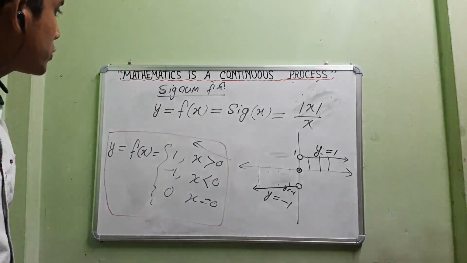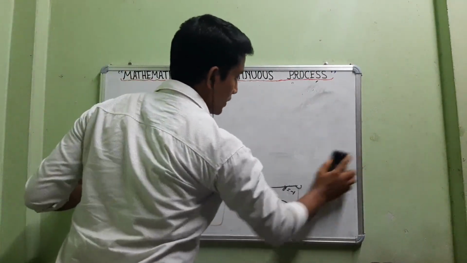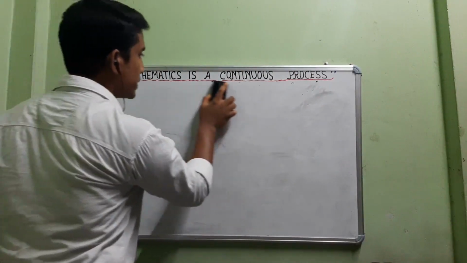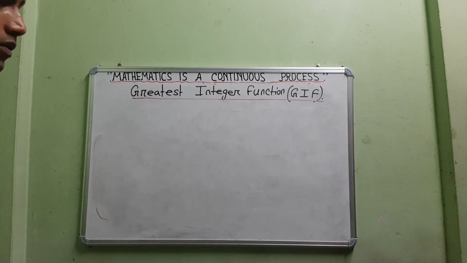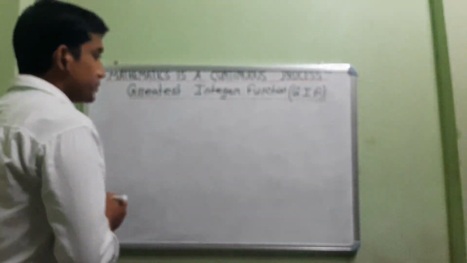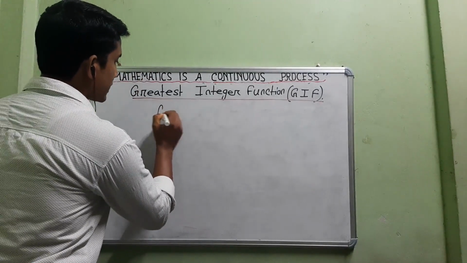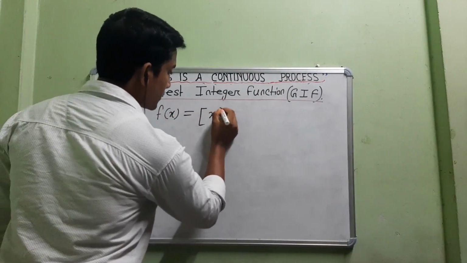Similarly, the last one is called the greatest integer function. Greatest integer function, very important function. The definition of the greatest integer function is f(x) equal to box x.